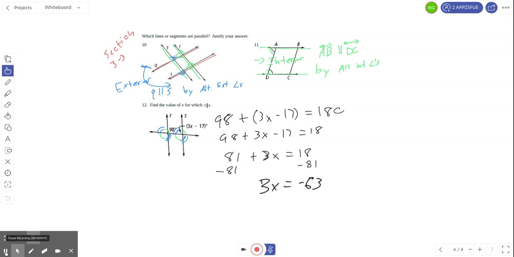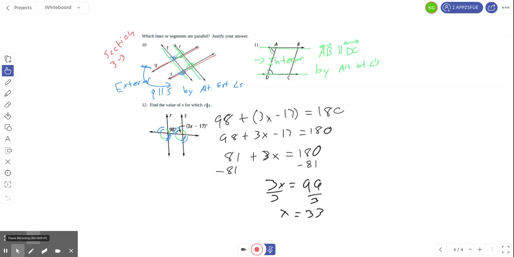Whoops, something crazy happened. How did my 180 become an 18? I was going through and checking my answer, and getting a negative number for x really doesn't make any sense. So I knew I made a mistake, and then I looked, and something happened to my zeros there. So 180 minus 81, that's 99. So 3x equals 99, divide by 3, and we find out that x must equal 33.